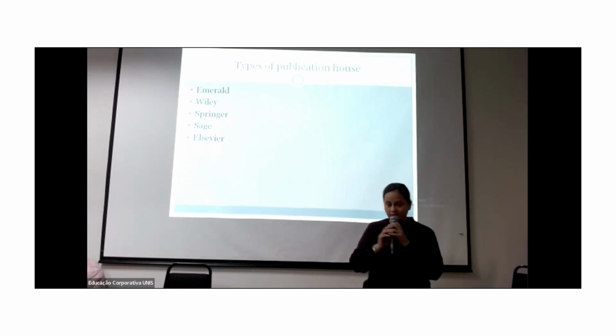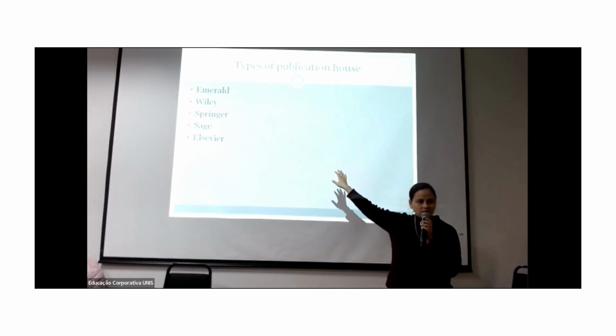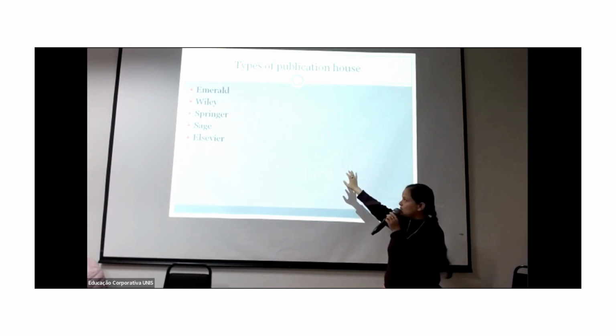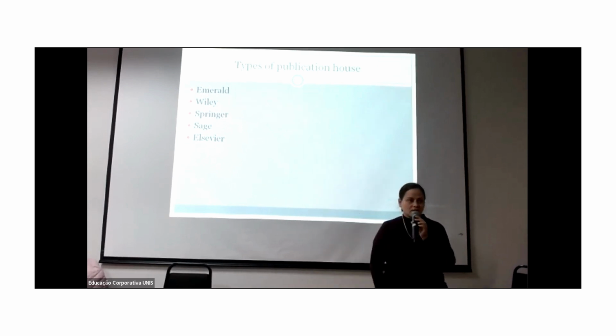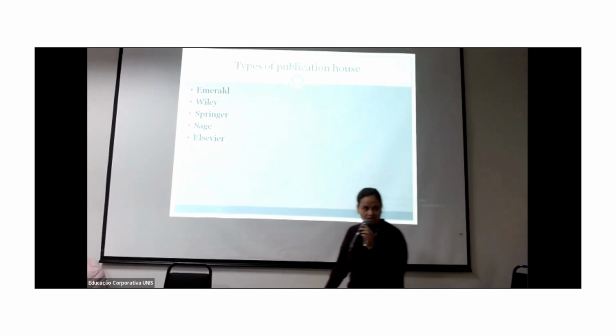So, today's lecture will be more concentrated on the board, on this screen. So, I request the participants to look at this. We have different types of publication houses, and some of the names that I have written here are Emerald, Wiley, Springer, Sage, Elsevier.